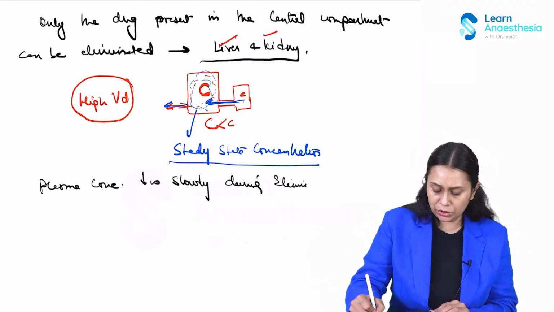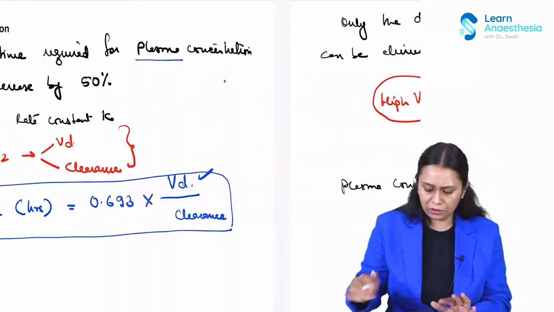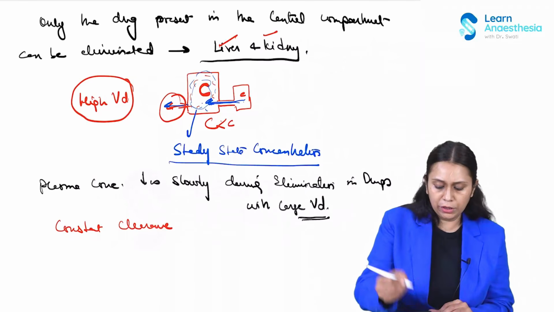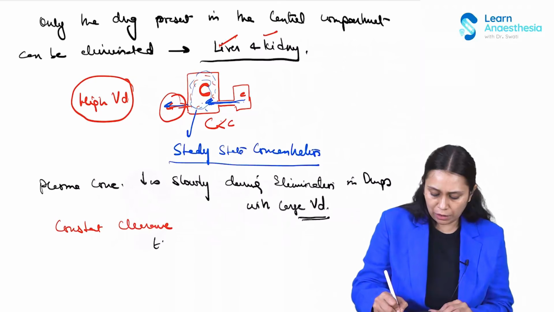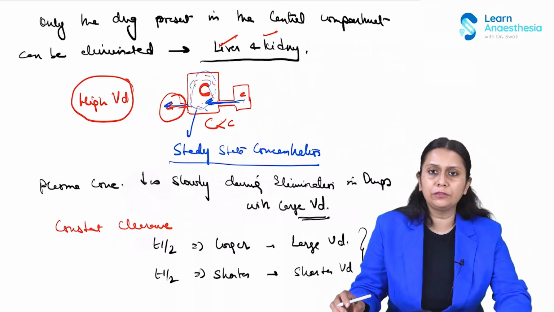So if I keep the clearance of the drug constant, then at constant clearance the half-life would depend upon the volume of distribution. The half-life would be longer if there is a larger volume of distribution. The half-life would be shorter if the drug has a smaller volume of distribution, right? So volume of distribution affects the half-life of the drug.